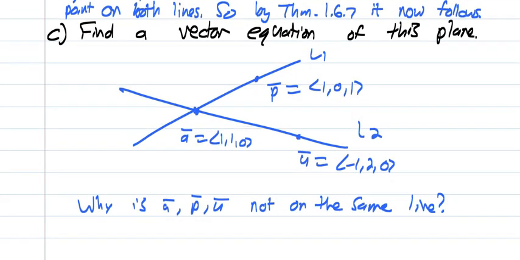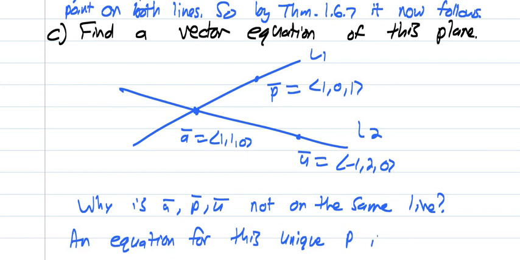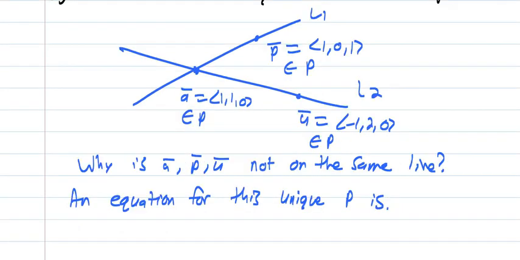And now we can say an equation for this unique plane is, so A must be sitting on the plane, P must be sitting on the plane, U must be sitting on the plane, because the plane contains both line 1 and line 2. So we can now say that the plane is of the form.